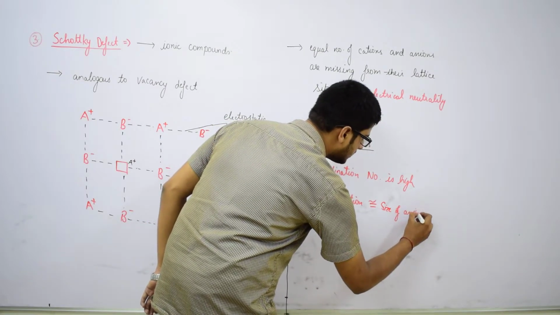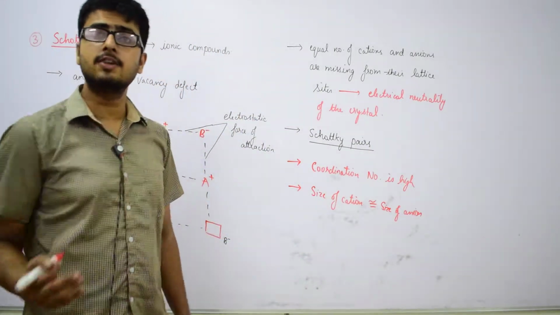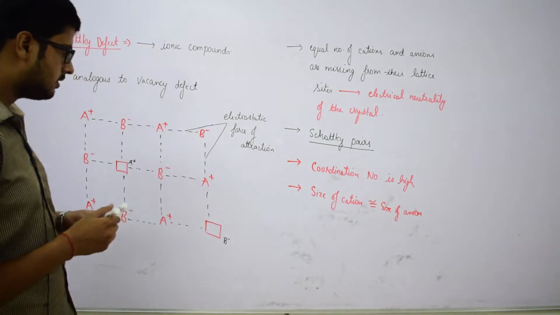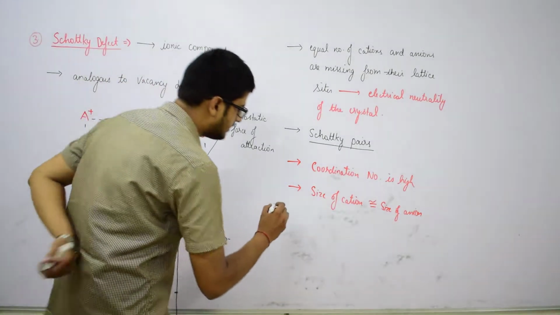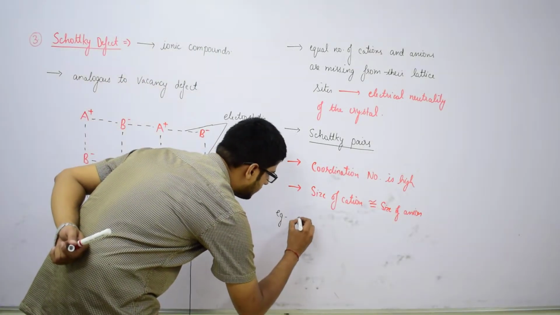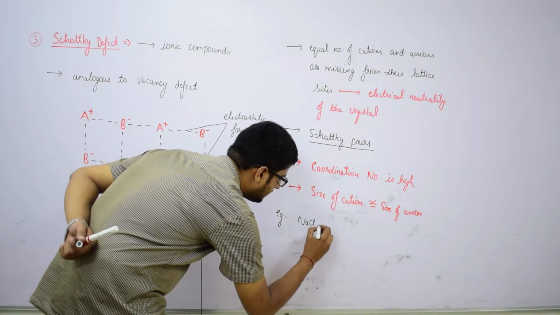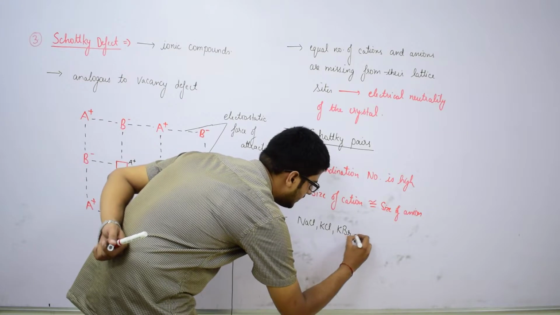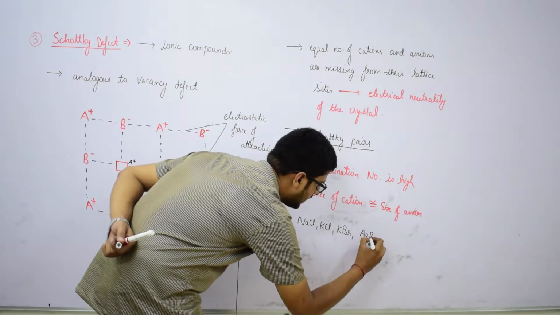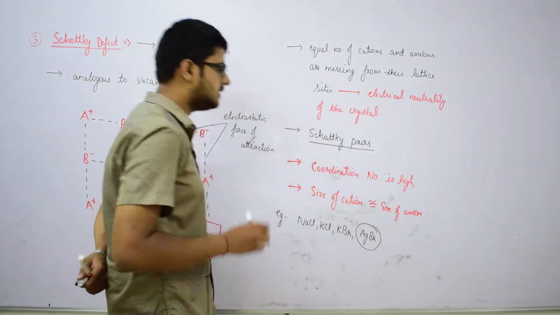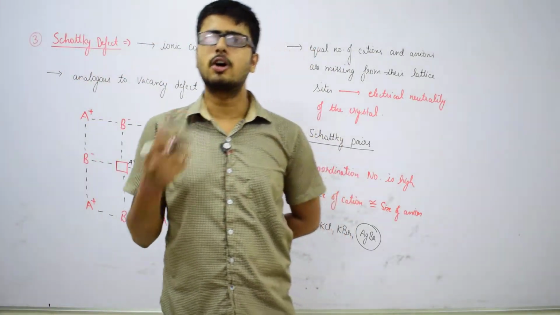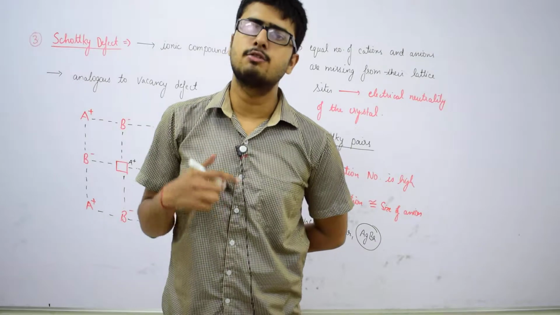That means the size of cation should not differ much from the size of anion. For example, NaCl, KCl, KBr and AgBr. AgBr is a compound which has both the defects, that is Schottky defect as well as Frenkel defect.